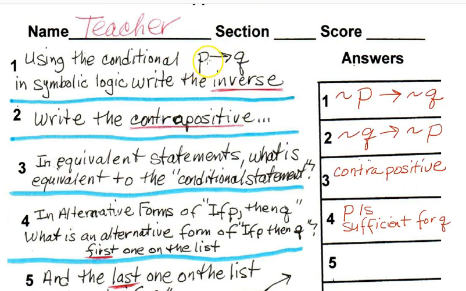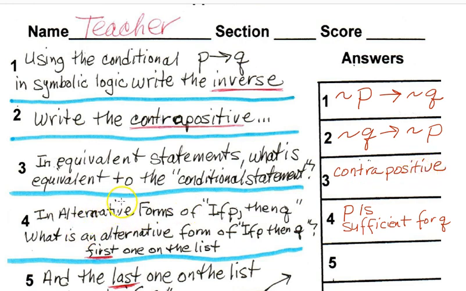So the inverse of P then Q is not P, then not Q. The contrapositive, where we switch letters around, it's not Q, then not P. The equivalent statement that is equivalent to the conditional is the contrapositive.